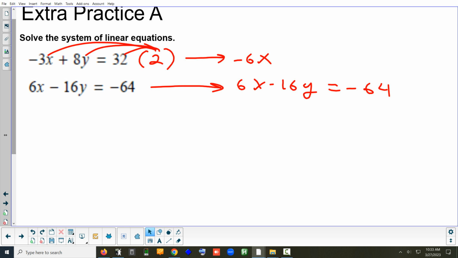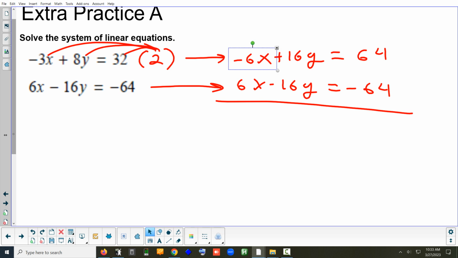What's 2 times 8y? 16y equals, and now 2 times 32. Yeah, 64. Now, add up your columns.